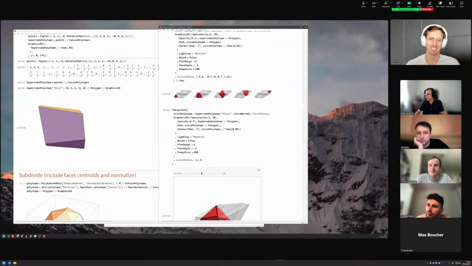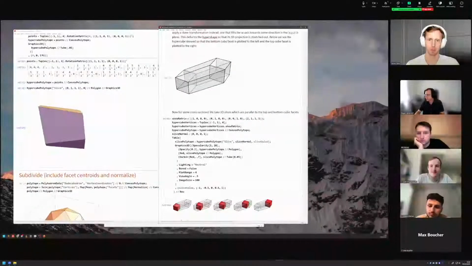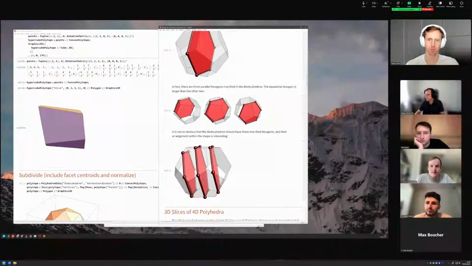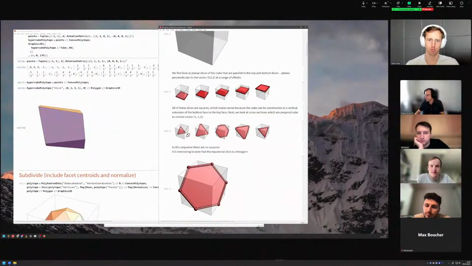Yeah, so there's a number of different ways to slice up a cube, for instance.